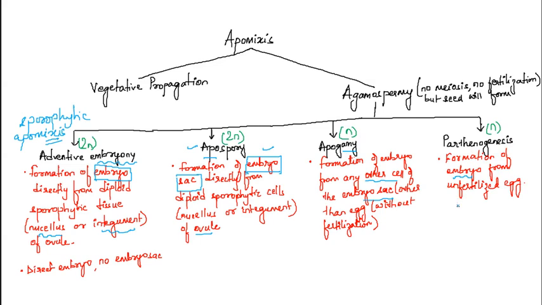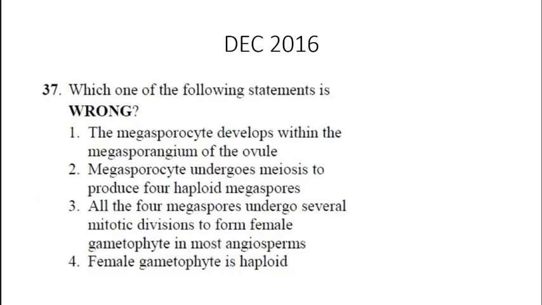Which one of the following statements is wrong? The megasporophyte develops within the megasporangium. Yes, we discussed this. They develop in the megasporangium, and microsporophyte develops in the microsporangium. Megasporocyte undergoes meiosis to produce 4 haploid megaspores. Yes, 4 are produced, then 3 degenerate and 1 becomes the functional megaspore.